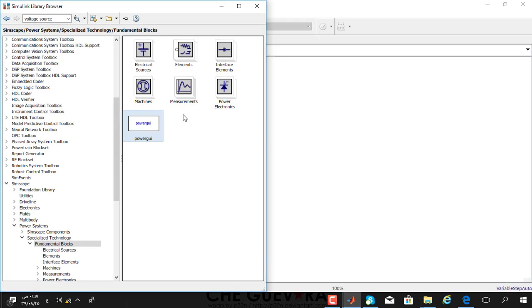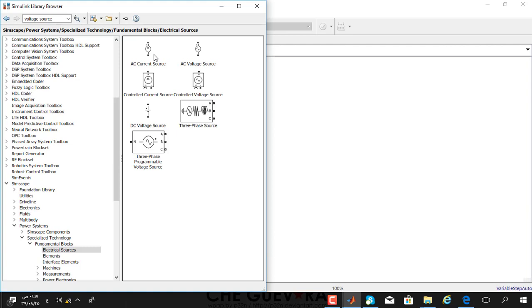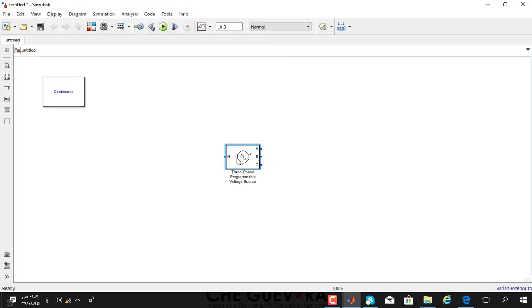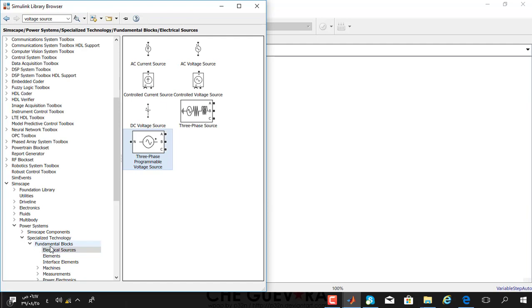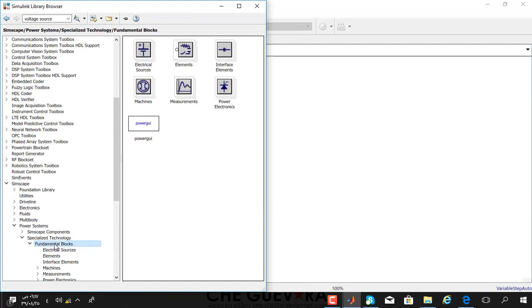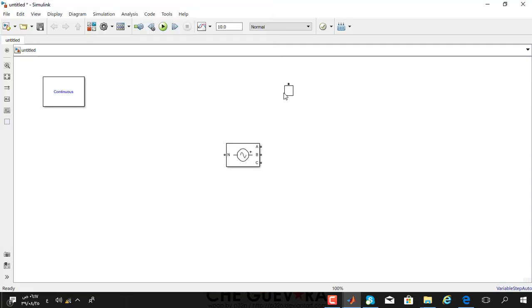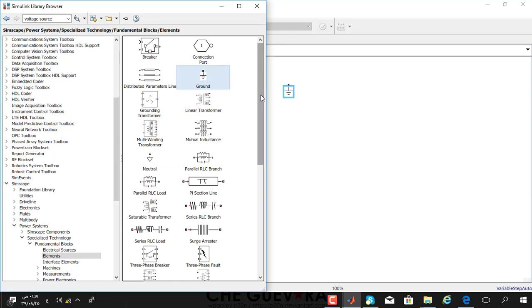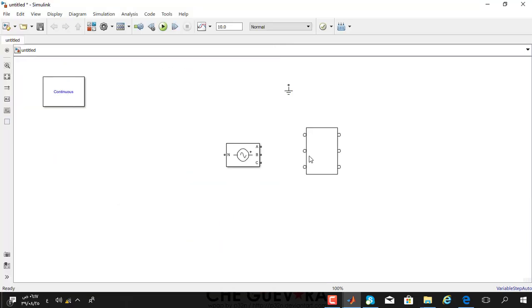Again, library, electrical sources, we take the three-phase programmable voltage source, and from fundamental blocks we go to elements, we take the ground and the three-phase transformer.